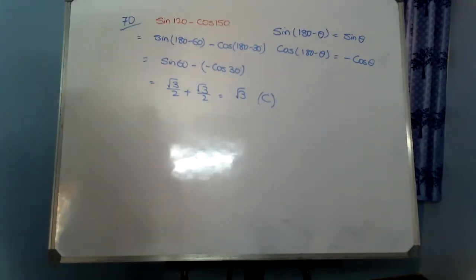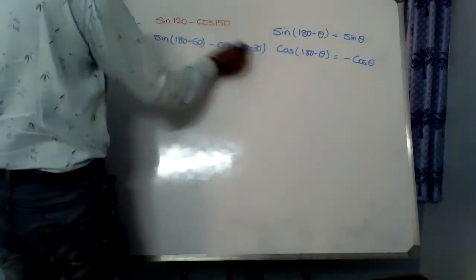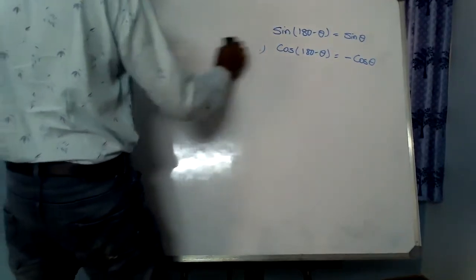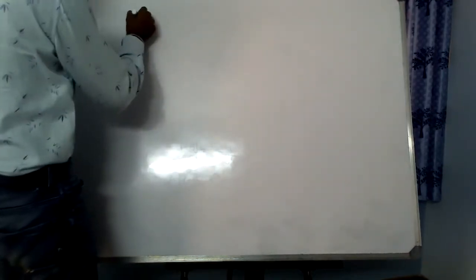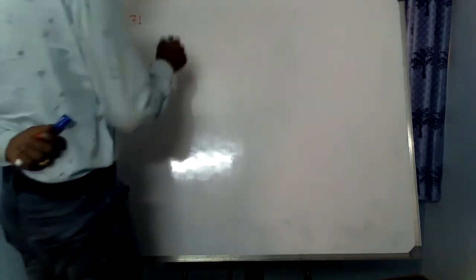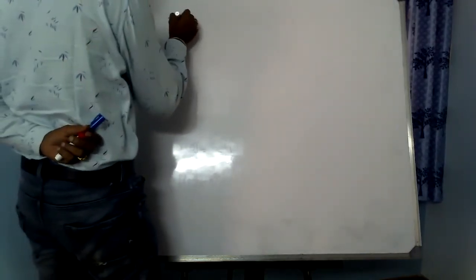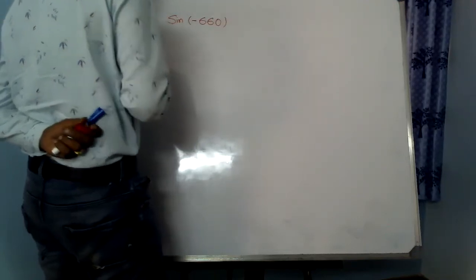Okay, what is the value of sine minus 660? For this you need to know one more thing, so let me tell you. Question number 71: sine minus 660 degree.